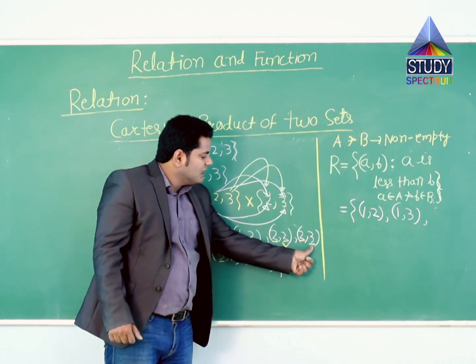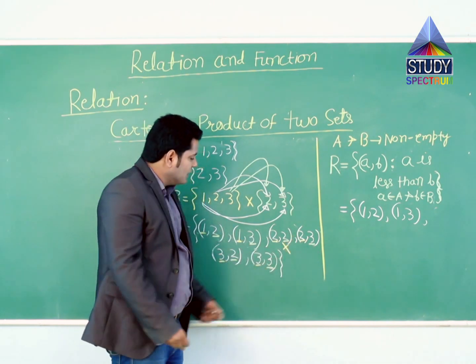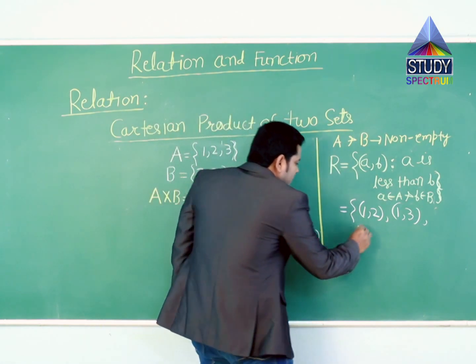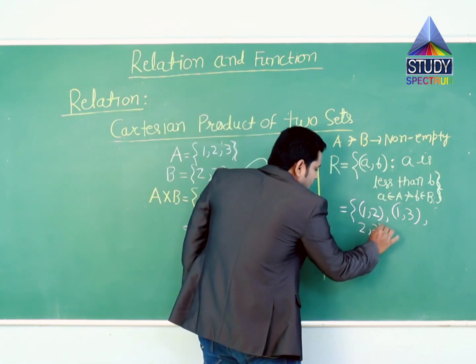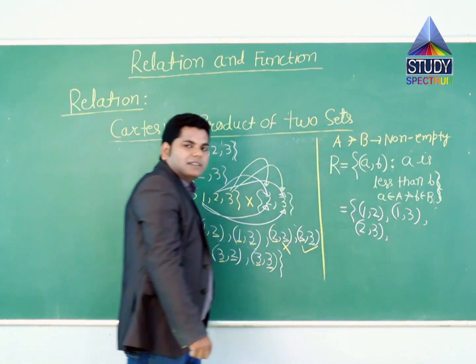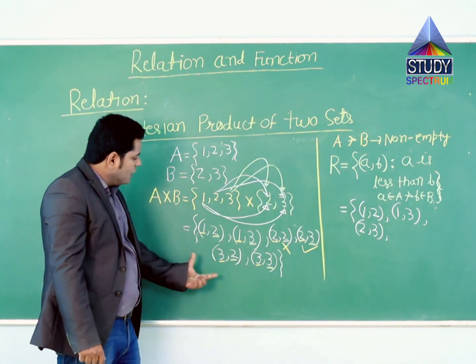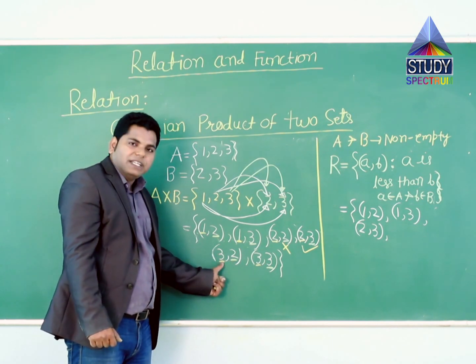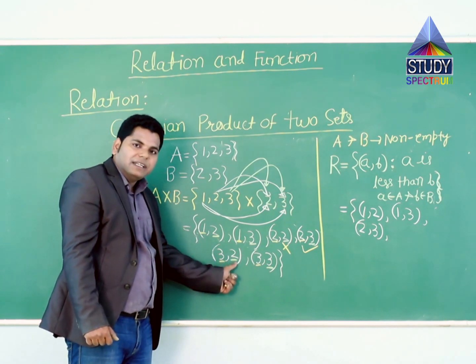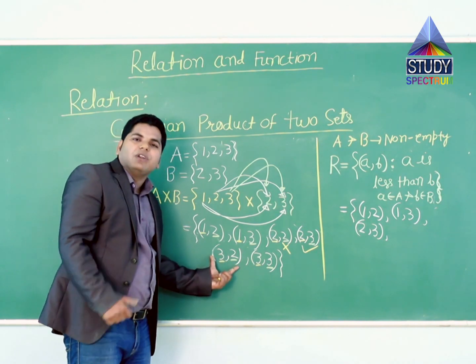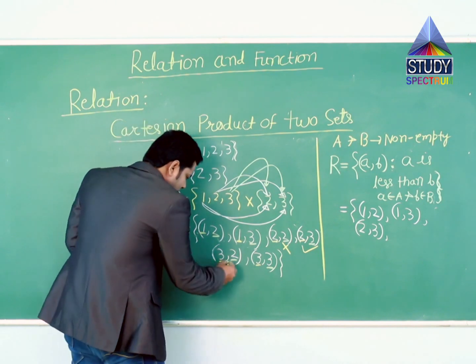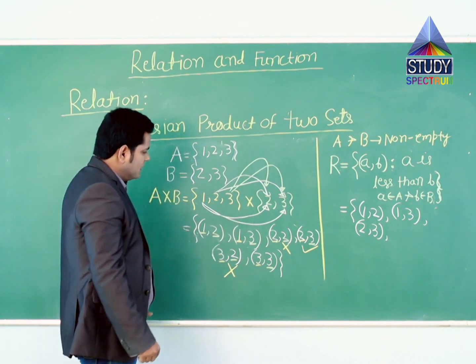The first component is less than the second component, so 2, 3 will be an element of this relation. Now come to the order pair 3, 2. In this case, the first component is greater than the second component, so this order pair will not come under that relation.